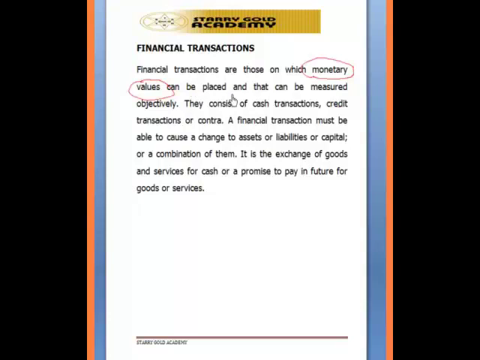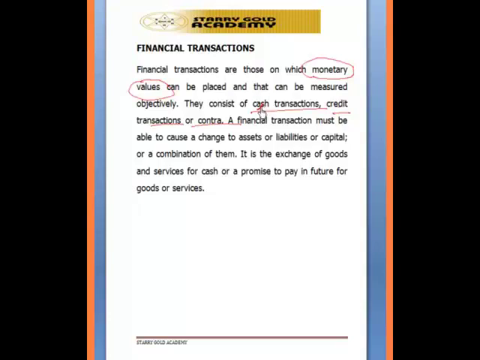They consist of cash transactions, credit transactions, or contra entries. Cash transactions are transactions in which payment is being made in the process of the transaction, or at the beginning, or at the exact point that the transaction took place.